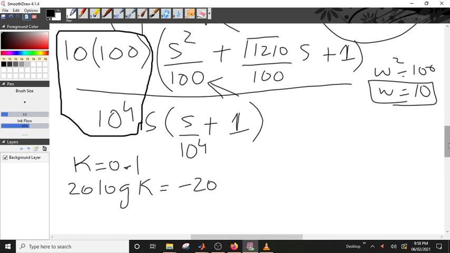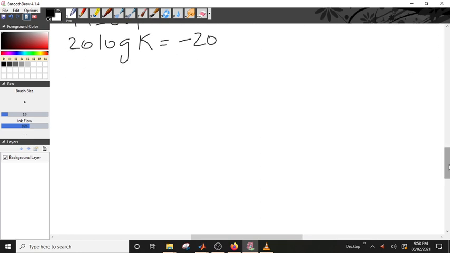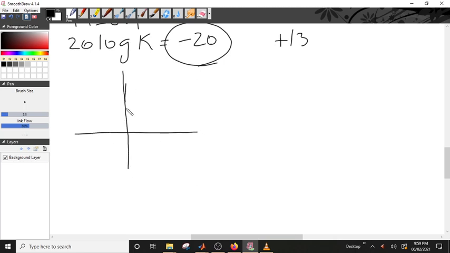Whatever value is calculated from this coefficient, let's say if it was plus 30, what we need to do is start our axis from that point. So our value in this case is minus 20, so we should write minus 20 at the origin. So this gain k just decides the value of the origin.